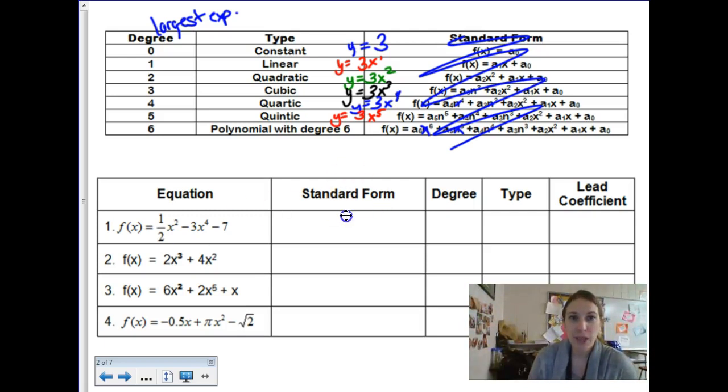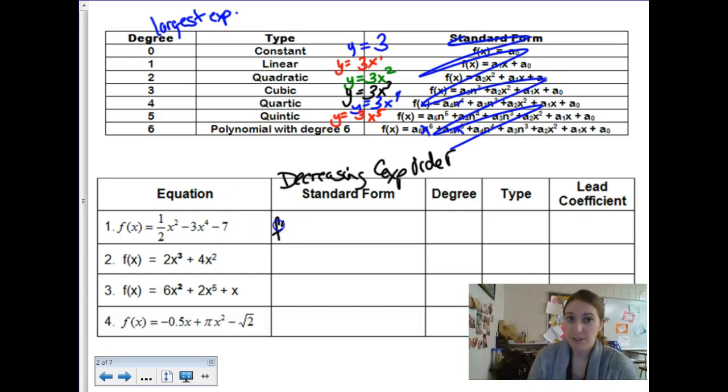So the next vocab term we want to have is standard form. It has to go in decreasing exponential order. So this is the quadratic term. Here's a quartic term, and then the constant. So it is not in standard form.